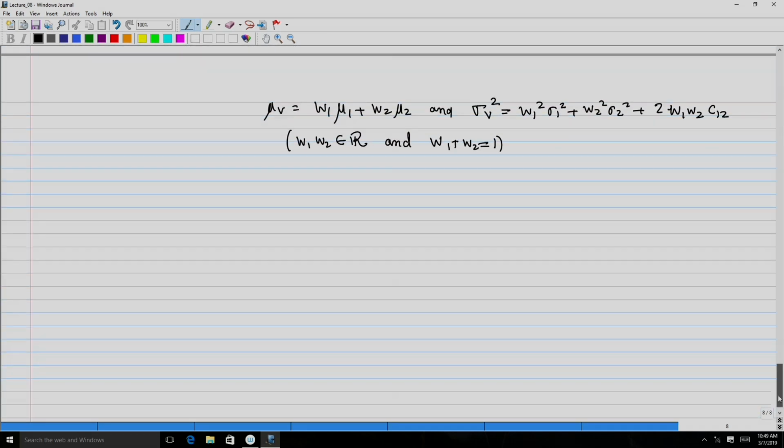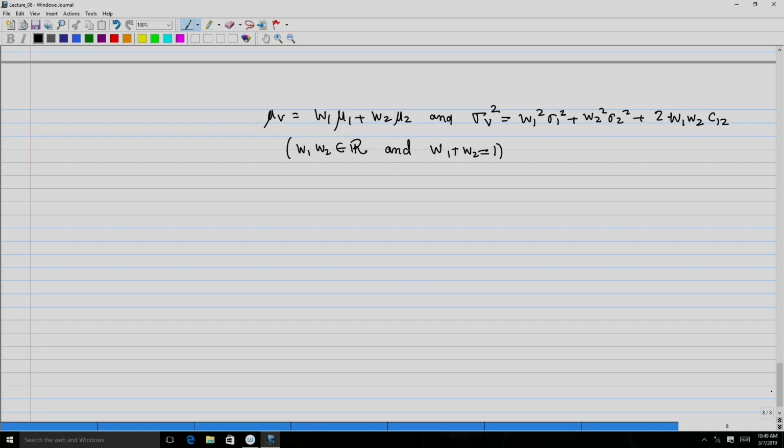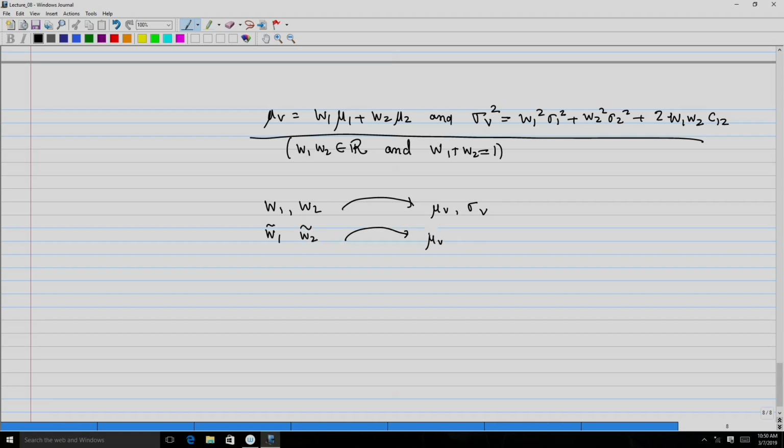So, what this really means is the following: I choose one w 1, w 2, and this will give me one set of mu v and sigma v using this formula. Then I will have another set, say w 1 tilde, w 2 tilde of weights, and this will give me some mu v tilde, sigma v tilde.